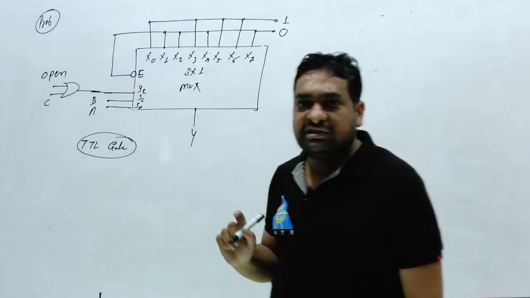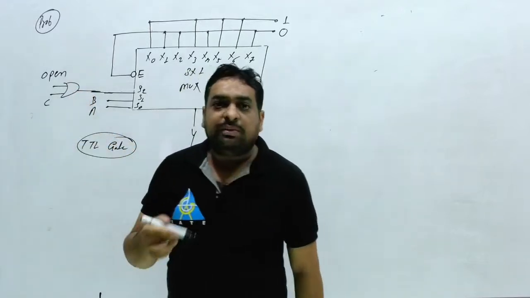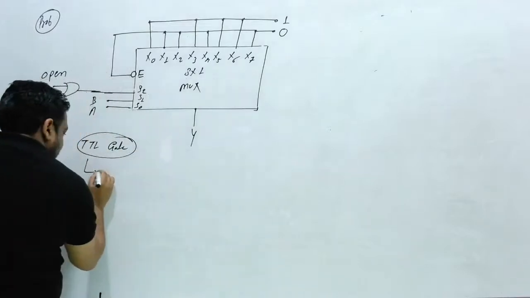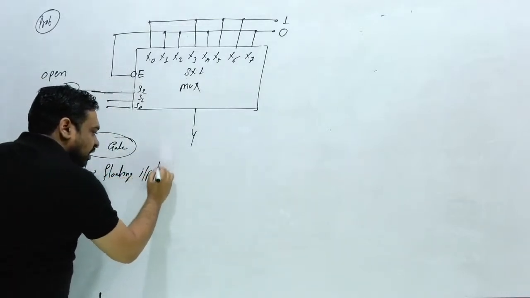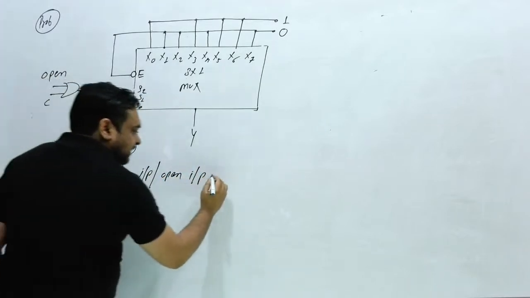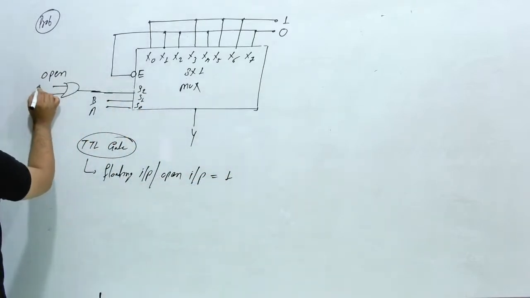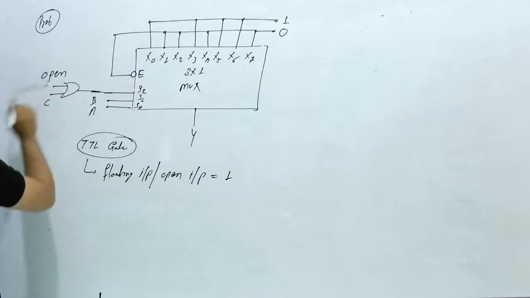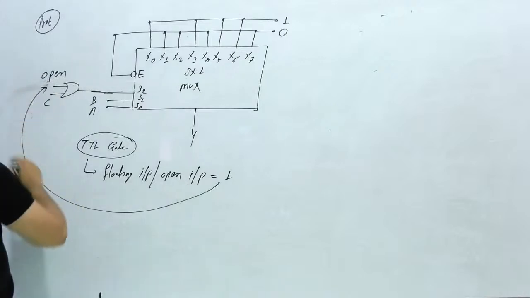In previous classes we have already studied that in a TTL gate, an open or floating input is treated as logic 1. So you should remember this: a floating input or open terminal in TTL is treated as logic 1. So you can put a 1 here, since the question has not provided it.